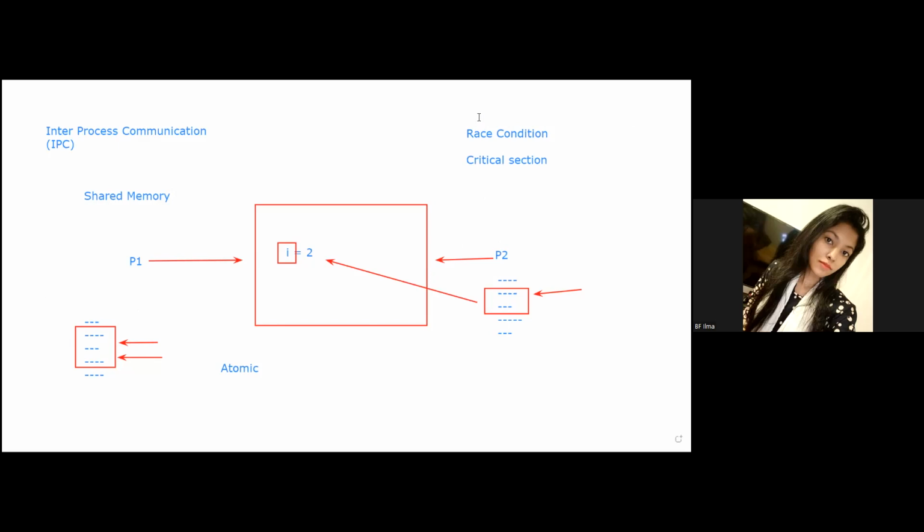I'll erase this. So when we consider the general structure of a program, we can write it in this way. There can be an uncritical section at the beginning, then it can be followed by a critical section and then again an uncritical section.